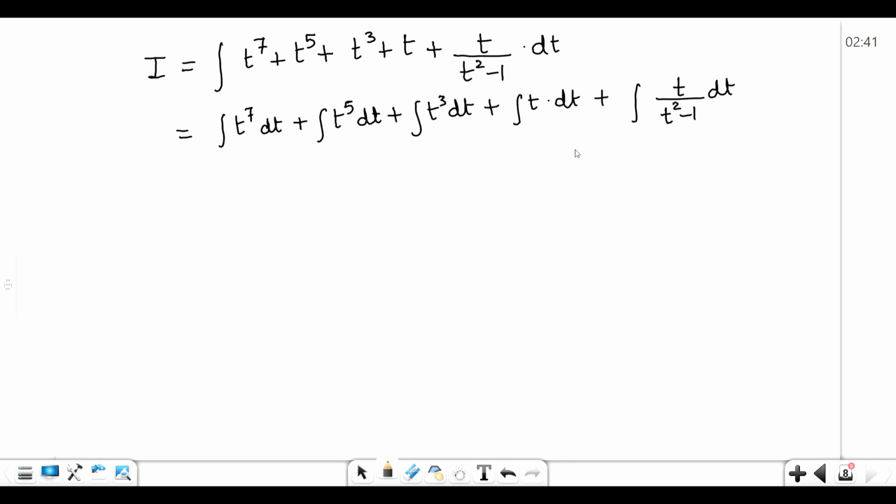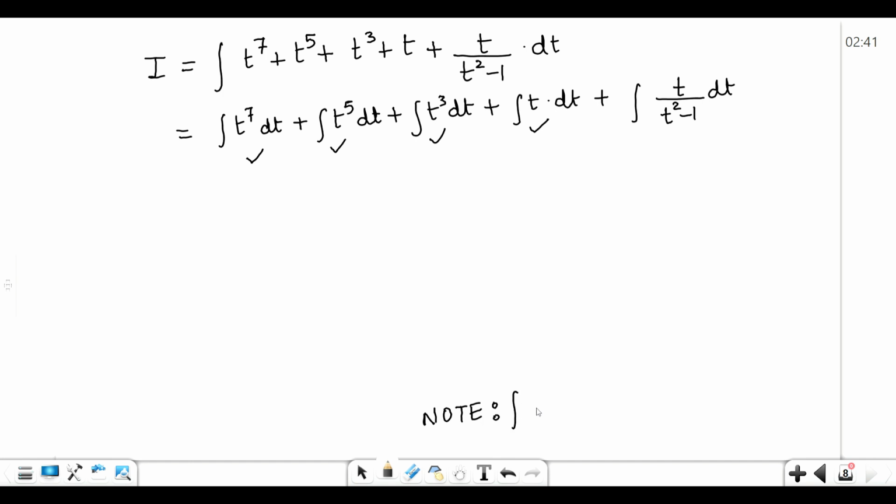Okay, now for the first four terms we can use the power formula, but for the last term, we have to use a special property of integration. I'll tell you that special property, so just note it over here. I'll write it down at the bottom.